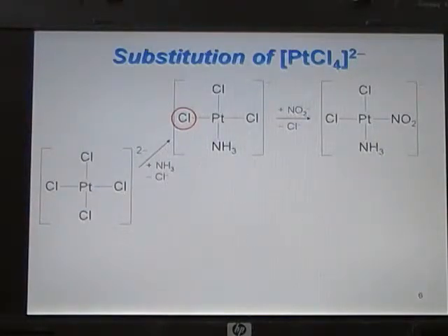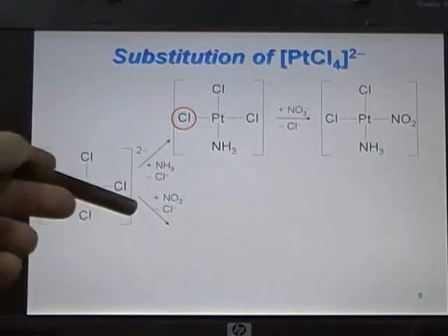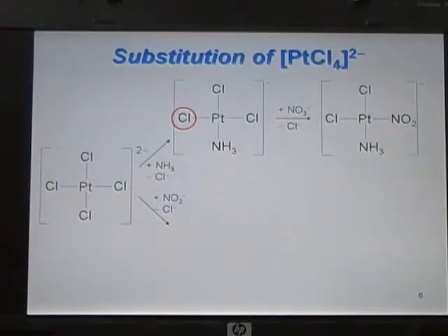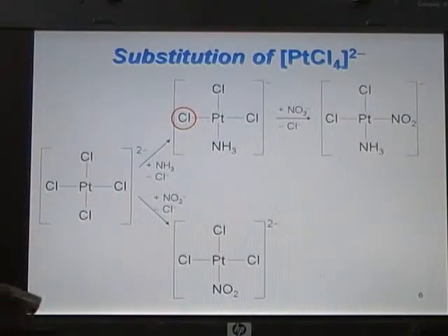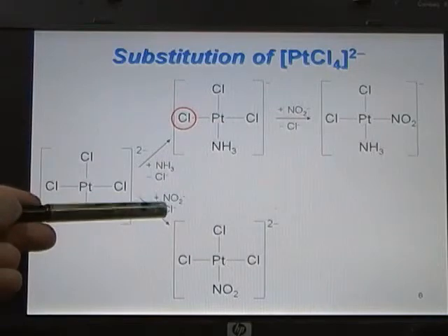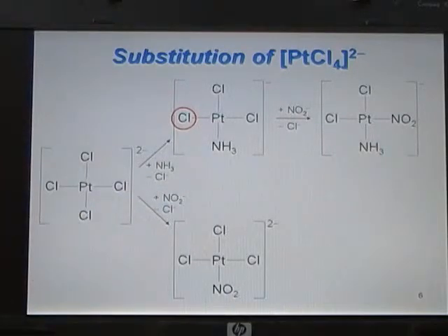Now let's look at another scheme, starting off with PtCl4 2-. This time we're going to add NO2- and remove one Cl-. So that's what we're doing. We can choose any of the four chloro ligands to replace with NO2-, and that's what I did. Notice that the charge didn't change because you're replacing an anionic ligand with another anionic ligand with the same charge.